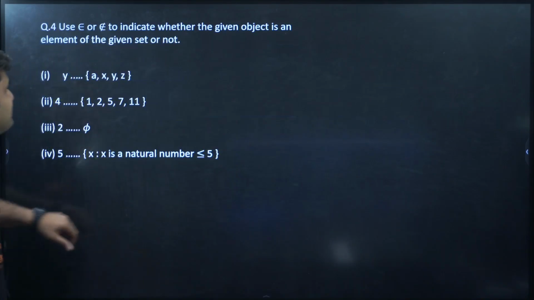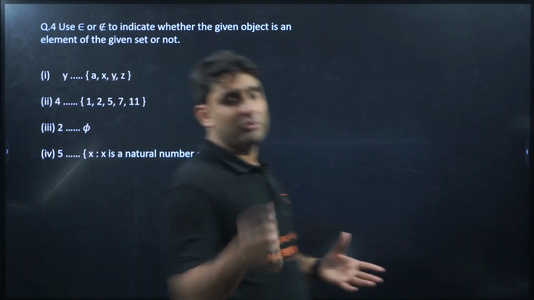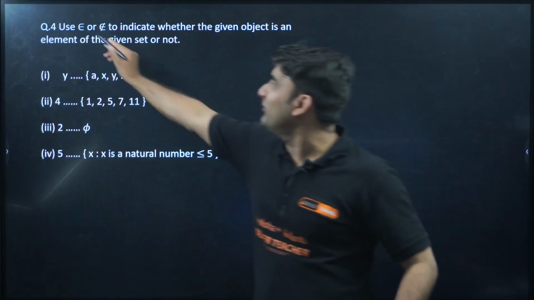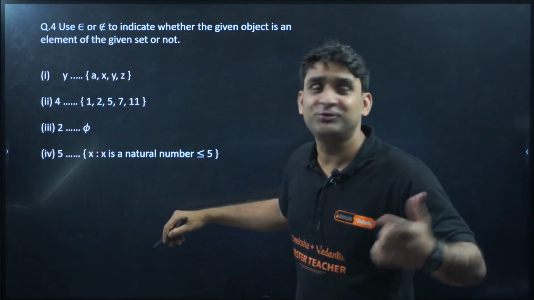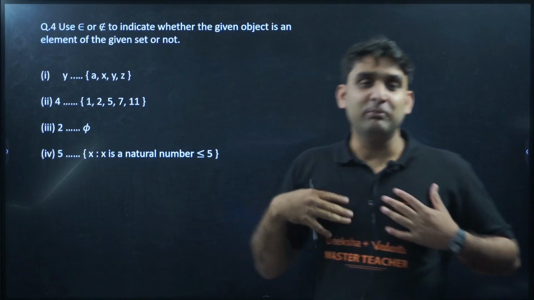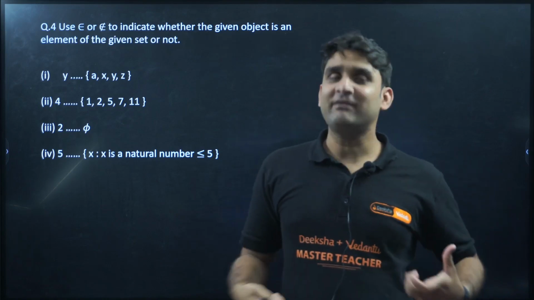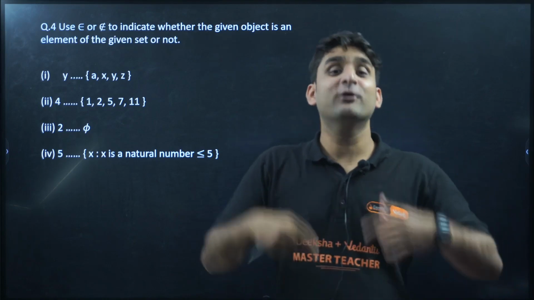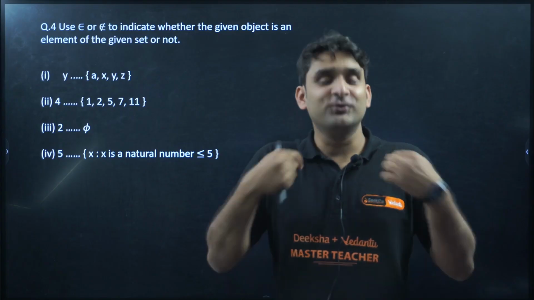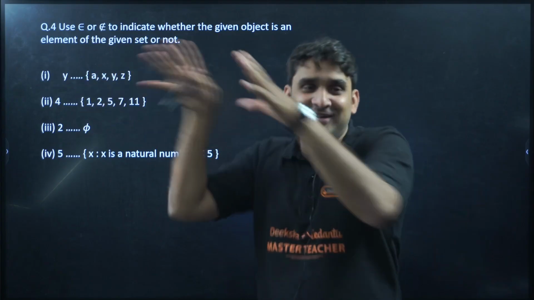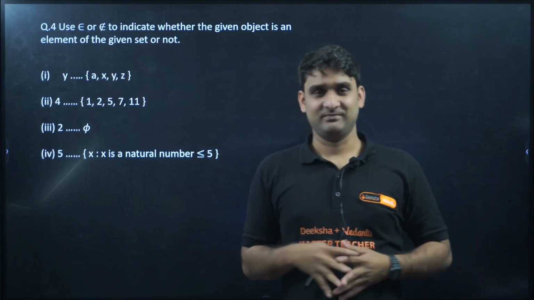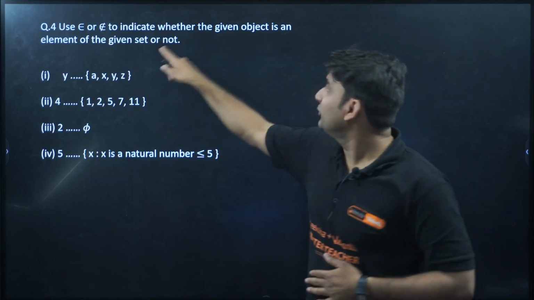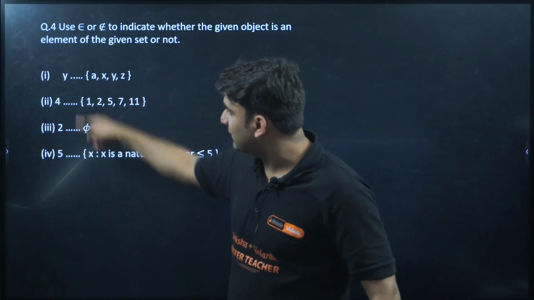Moving ahead. Now let's talk about belongs to and not belongs to. You all know this symbol represents belongs to. For example, I am an employee of Diksha Vedantu, so I can write Sonu Sir belongs to Diksha Vedantu, and Sonu Sir does not belong to any other company. Now we have to fill the blanks.